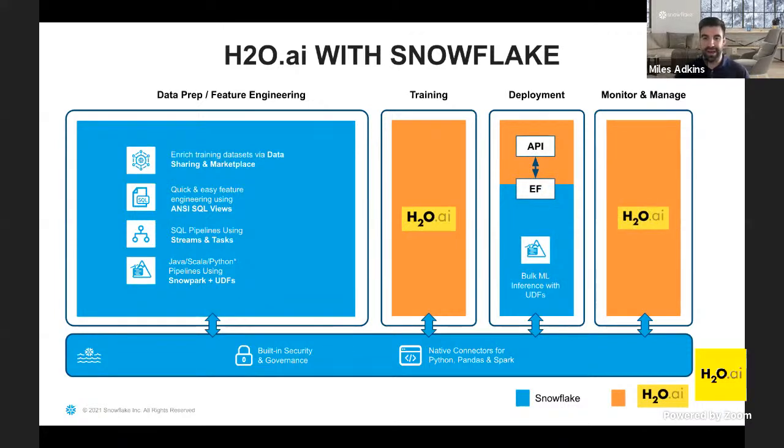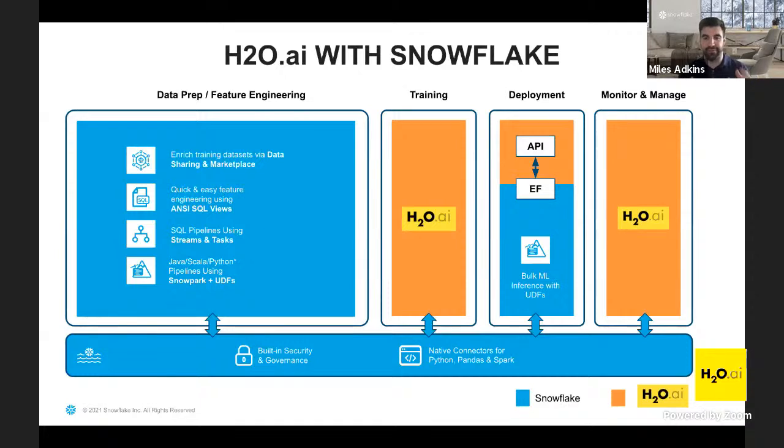For deployment, now with Java UDFs, you can actually take an H2O model that you created and bring that into Snowflake. Instead of having to move maybe hundreds of thousands or millions of rows of data across some internet pipe to score your model that's living in some other environment, you can just bring the model to the data and score.